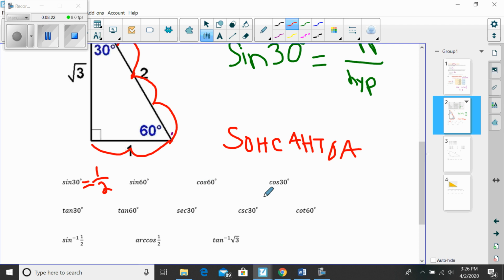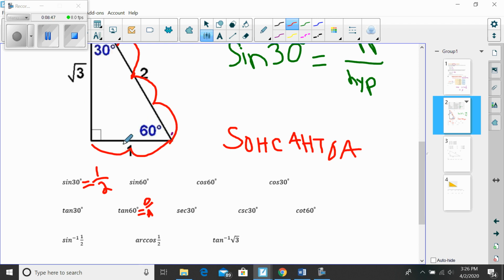All right, and I'll do a couple with you, and then I'm going to have you pause and try the others yourself. Tangent of 60. So tangent of 60, tangent is opposite over adjacent. Okay, opposite, of course, is relative to the angle you're looking at.